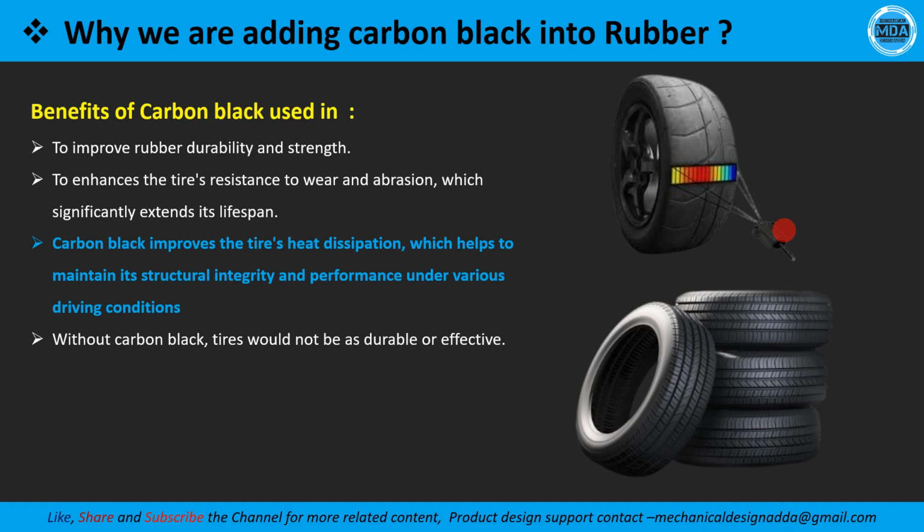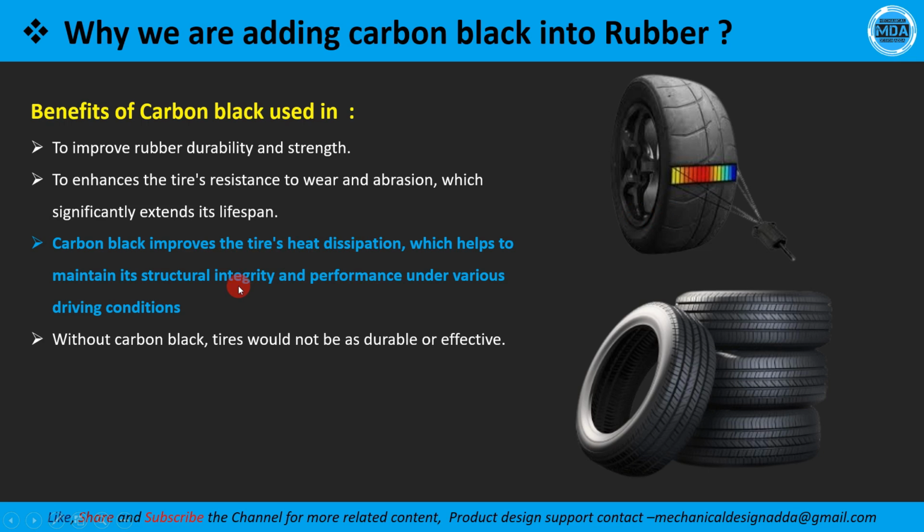One more important benefit of using carbon black is that it will improve the thermal conductivity of the rubber, which means it will improve the tire heat dissipation. Because of the friction between the road surface and the tires, heat is generated. Carbon black distributes and dissipates the heat over the overall area.